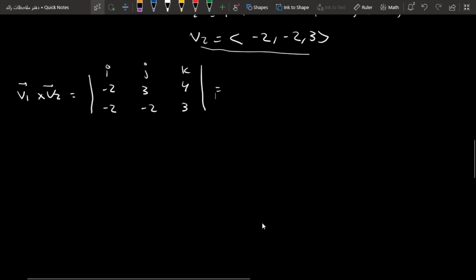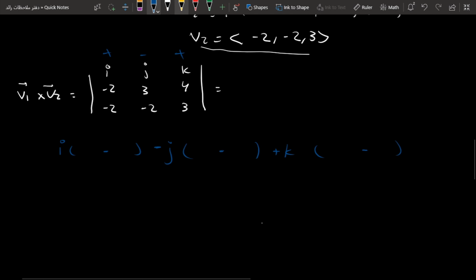The best way, افضل طريقه حتى تطلع الكروس برودكت, اول شيء بتكتب i open bracket, negative at the middle. Now it's plus minus plus, then negative j open bracket, negative at the middle, plus k open bracket, negative at the middle.